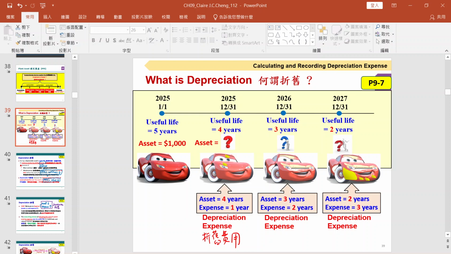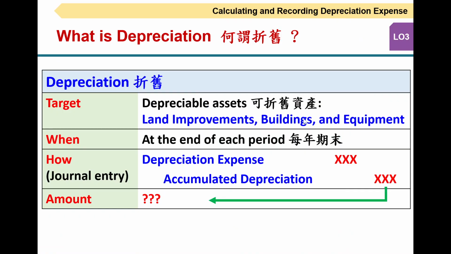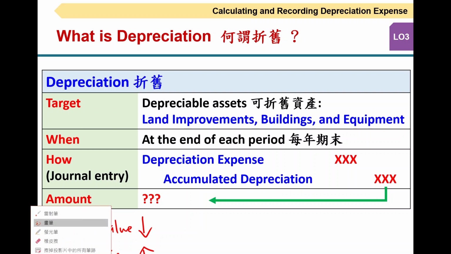Okay, so we want to describe the situation. Your PPE's value decrease and expenses increase. So this is the result we have. If you remember, expenses increase on debit side or credit side?